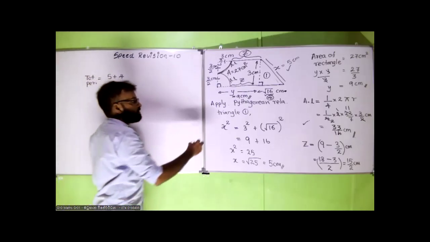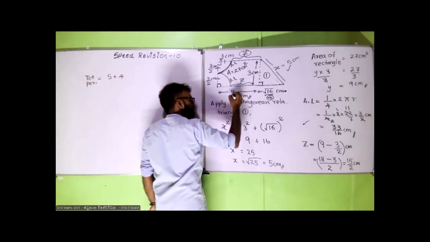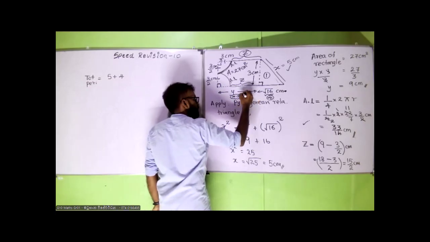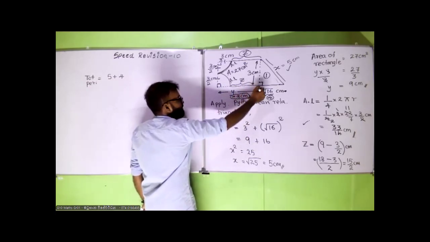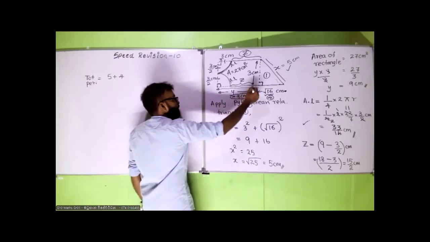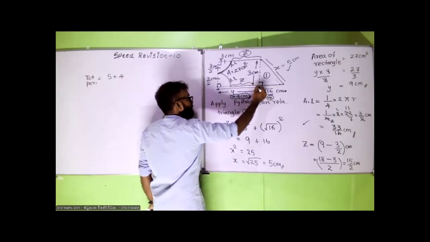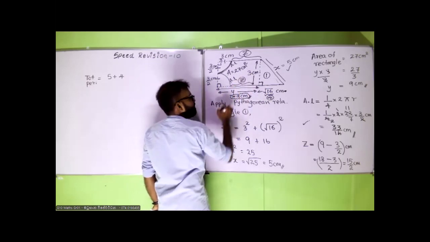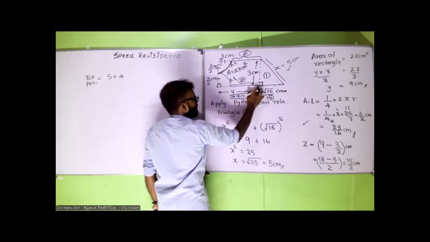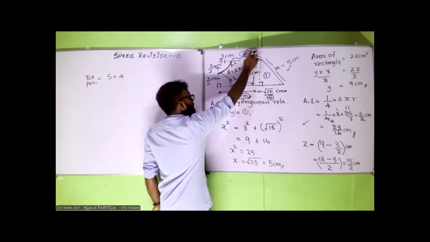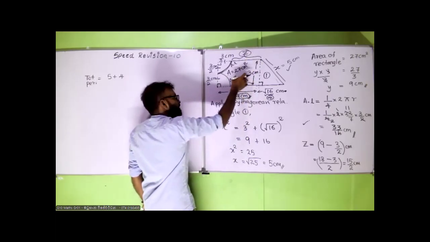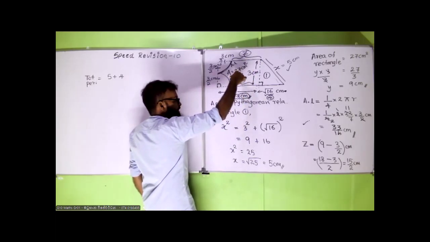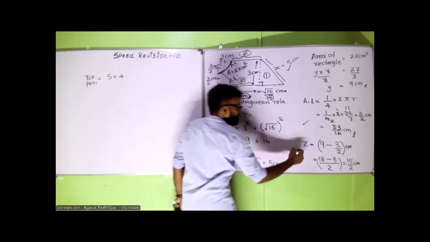And here you have 9 centimeters, but this 9 centimeters represents this whole length. We do not need that whole length. We need only this Z part, and we are going to obtain this Z like this.